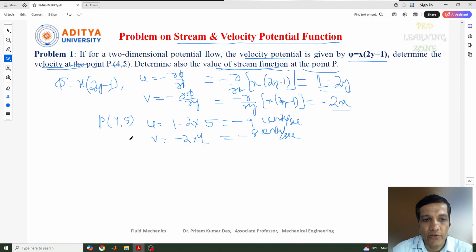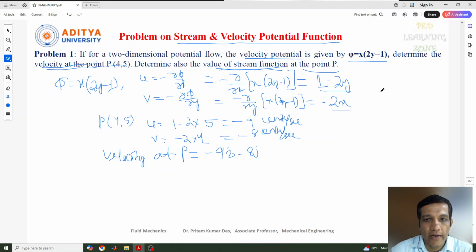So the velocity at the point P we can write in vector form as minus 9i minus 8j.